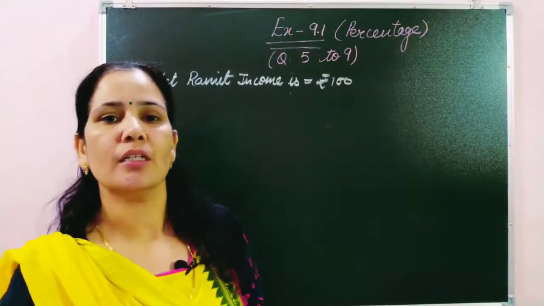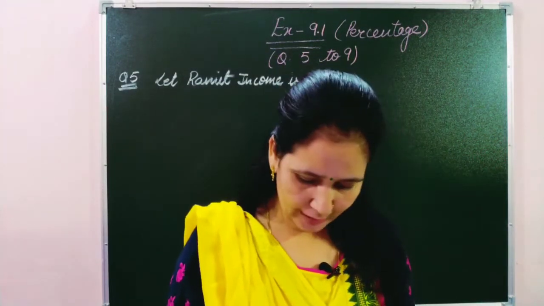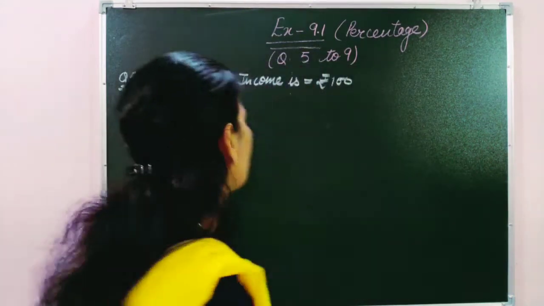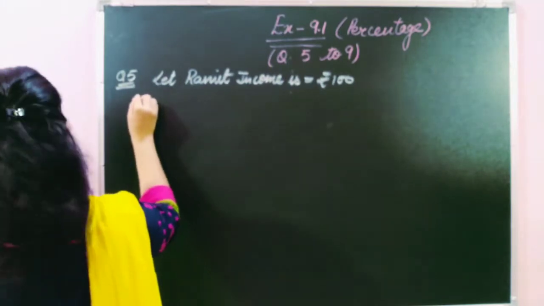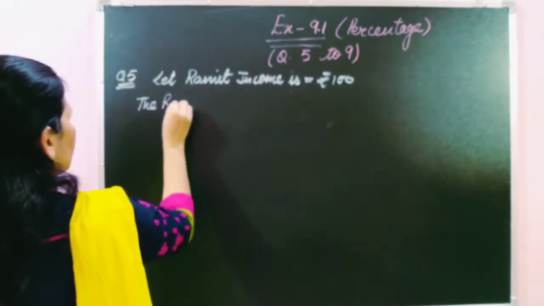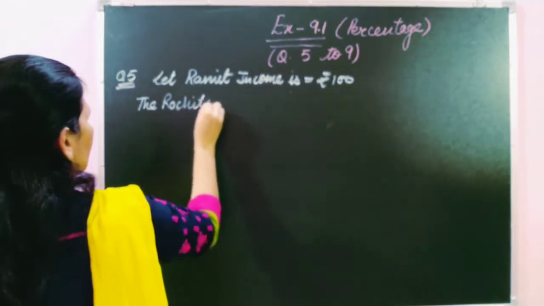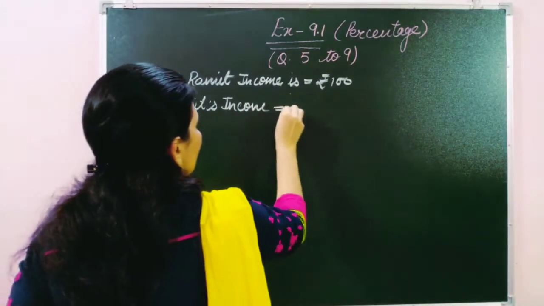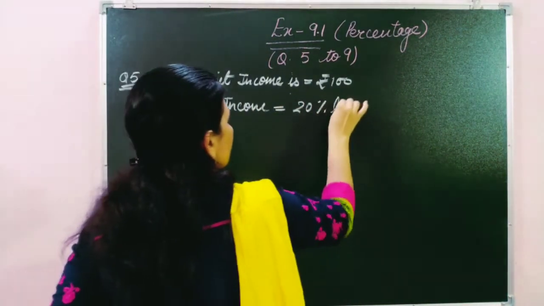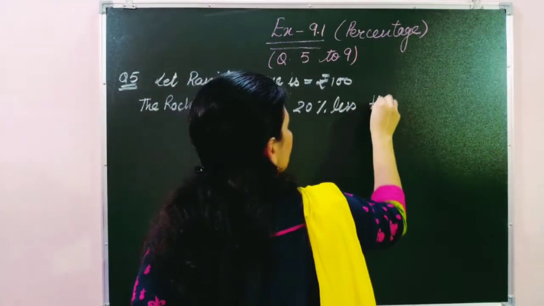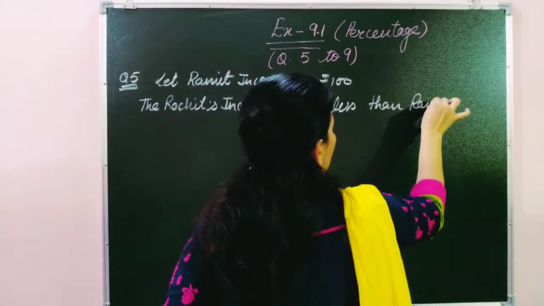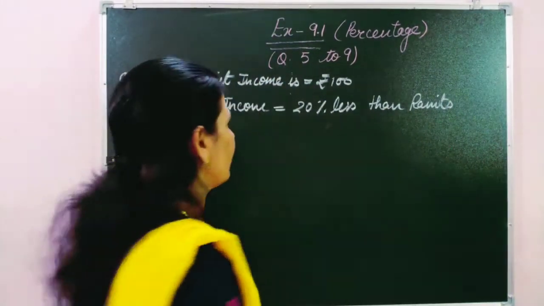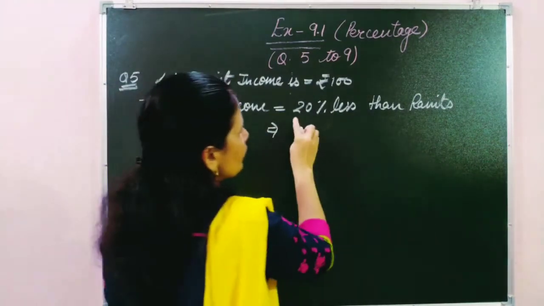So what we assumed there is Ramit's income. And then they have given that Rachit's income is 20% less than Ramit's. If Ramit's income is 100, then Rachit's income is 20% less.